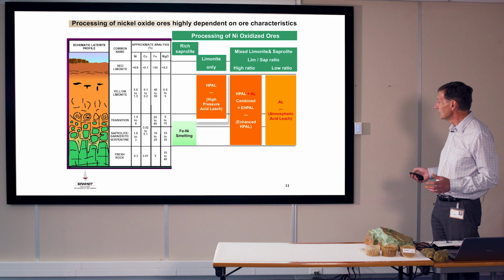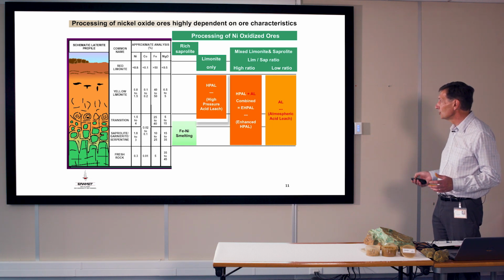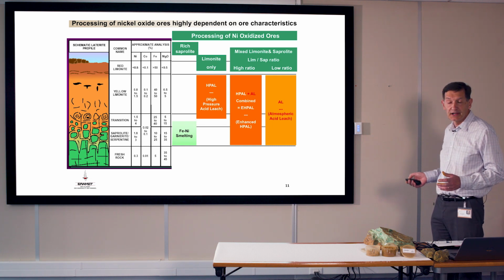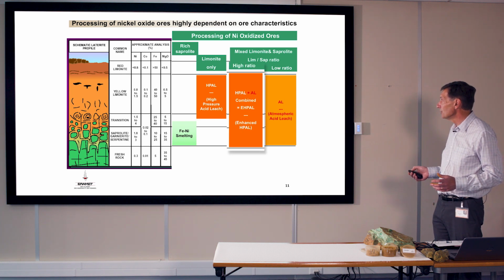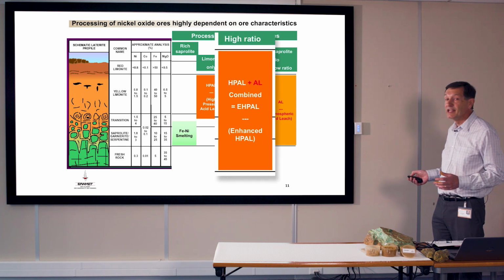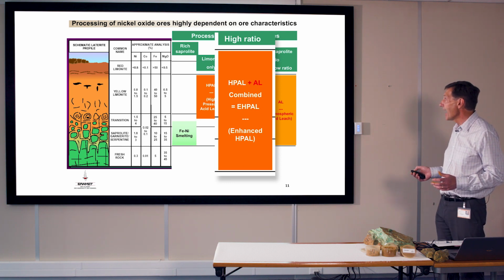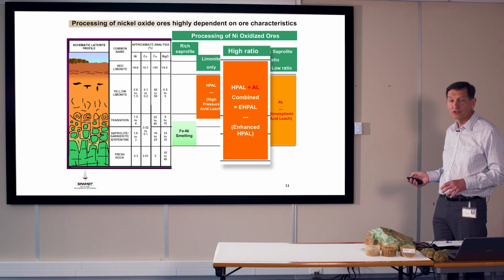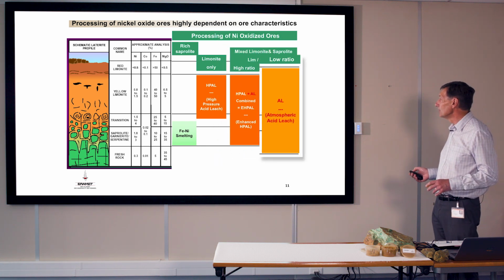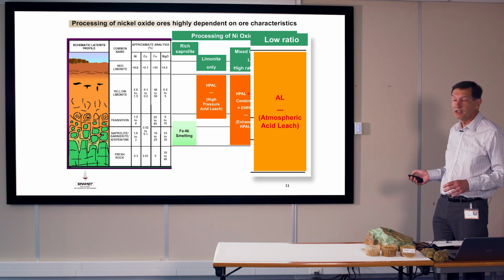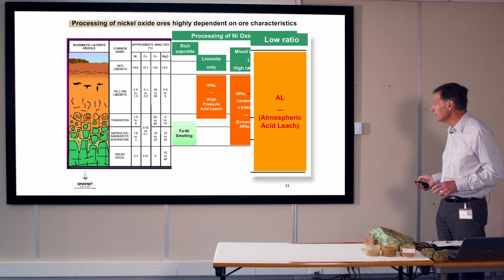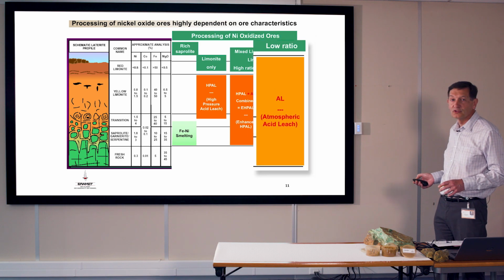And you have different processes that could treat either the limonite and the saprolite with different ratios. For HPAL you have a high ratio of limonite and low content of saprolite. It's the contrary for atmospheric acid leaching, where you can increase the part of the saprolite.